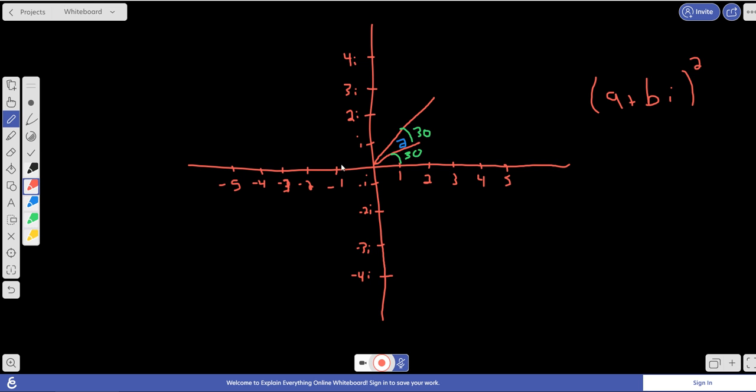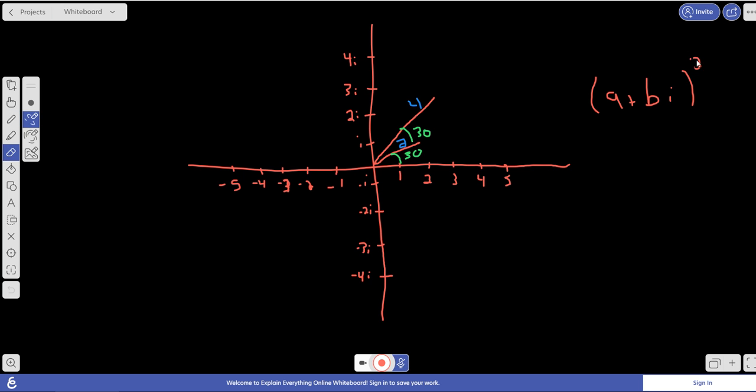The other thing that happens is this distance from the origin is going to be raised to whatever power we have here. So our initial distance from the origin was 2. And when we squared it, the distance from the origin is now going to be 4.